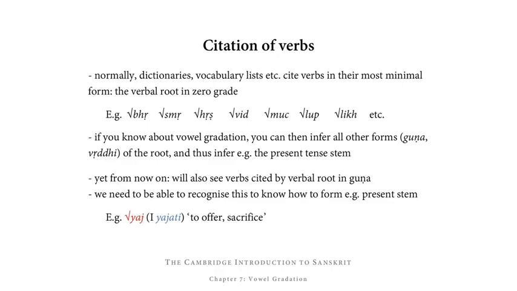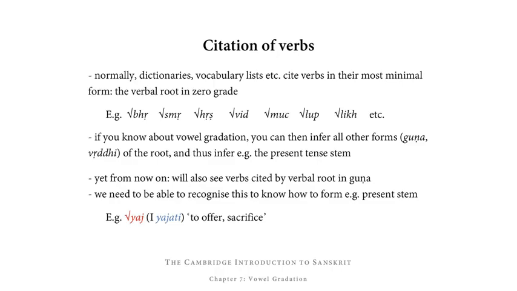So, for example, we have bhṛ, smṛ, viś, vid, muj, lubh, likh, and so on, all of which are verbal roots that you have already encountered, and all of which are verbal roots that stand in zero grade. You can tell by the fact that they contain a zero-grade vowel. In these cases we have vocalic ṛ, short i, and short u.